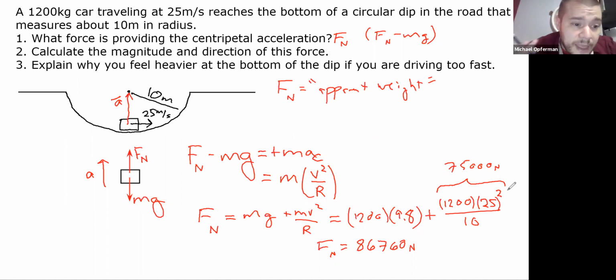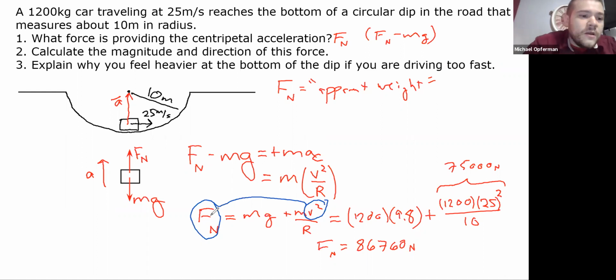And once you spin it that way, it's obvious, because driving faster means the velocity goes up, and the normal force depends on the velocity. If the velocity is greater, the centripetal acceleration is greater, and if the centripetal acceleration is greater, the normal force is greater. And that makes your apparent weight greater. So you're going to experience that.